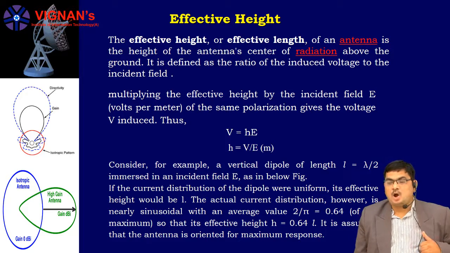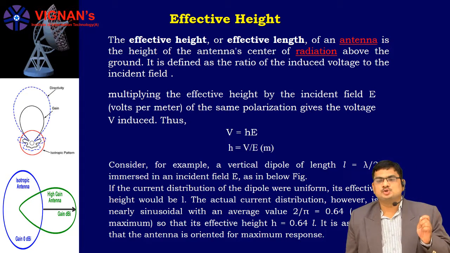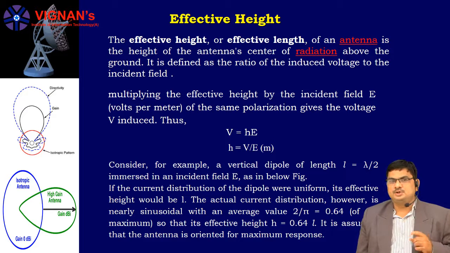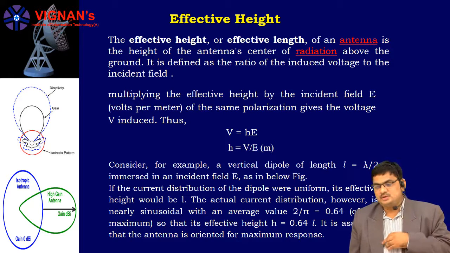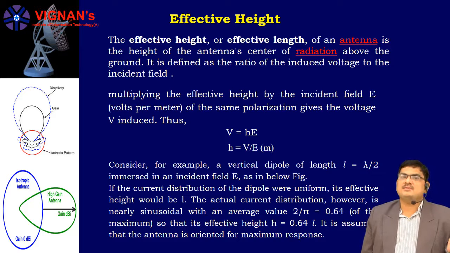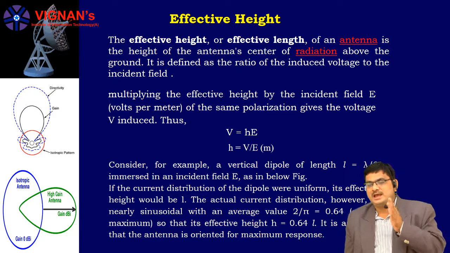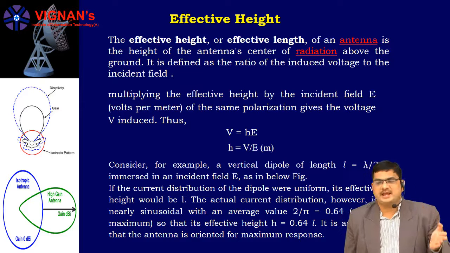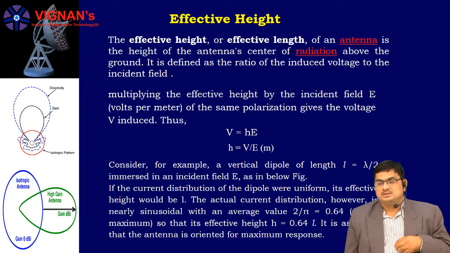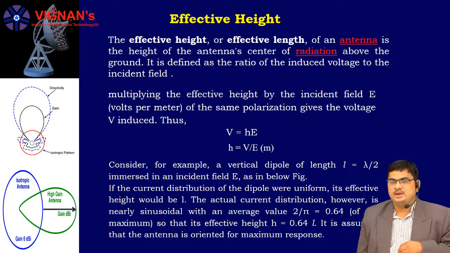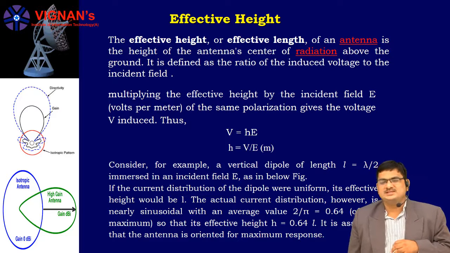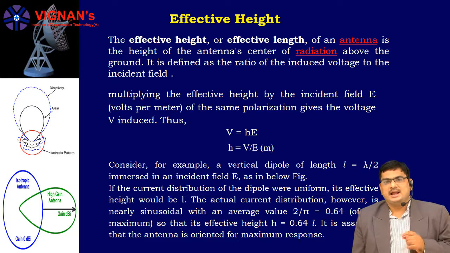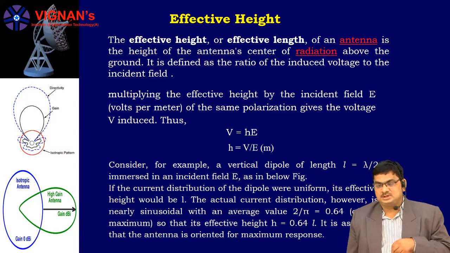It is also defined as the ratio of the induced voltage to the incident field. If you multiply your effective height with the incident field E, we get the induced voltage V. So V equals HE into E, and HE, the effective height, equals V by E, which will be in meters.